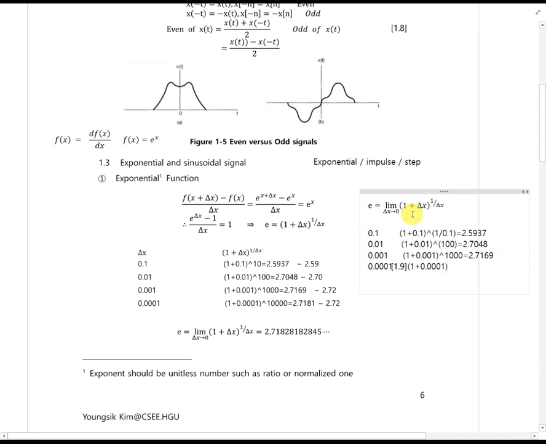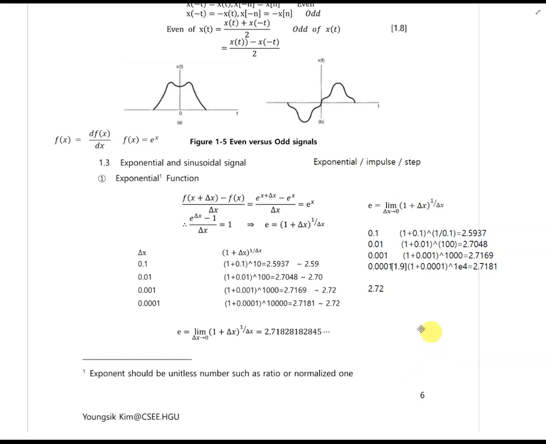In this case, this much. So we can approximate that e equals 2.72 something. This will be enough accuracy. So this is called e. Okay.